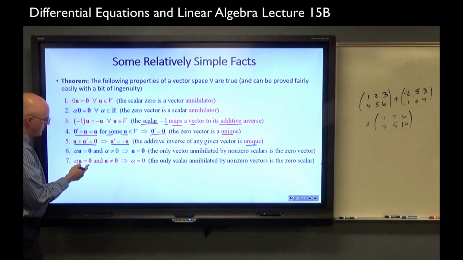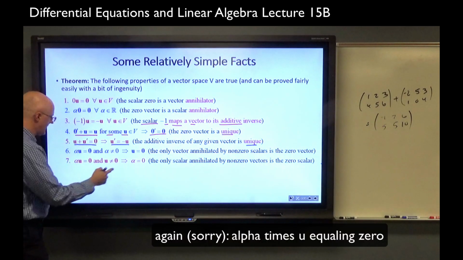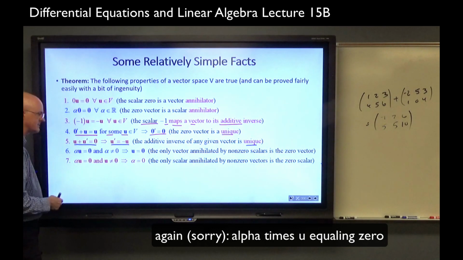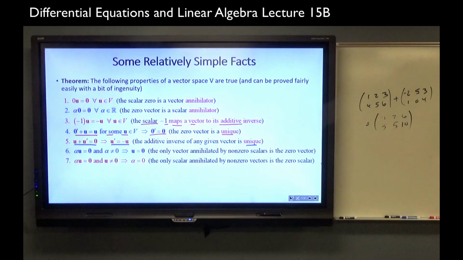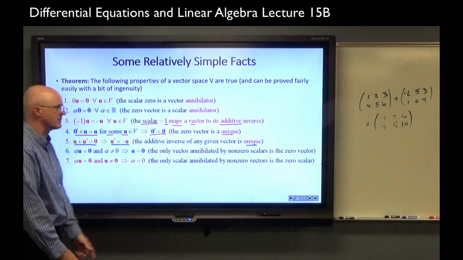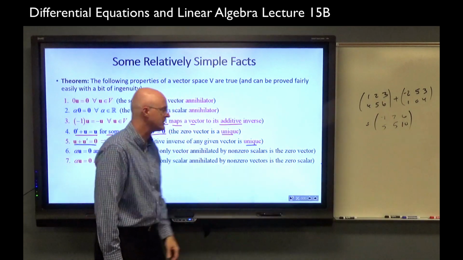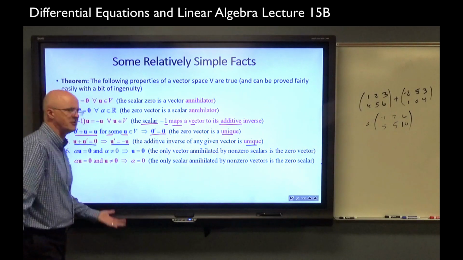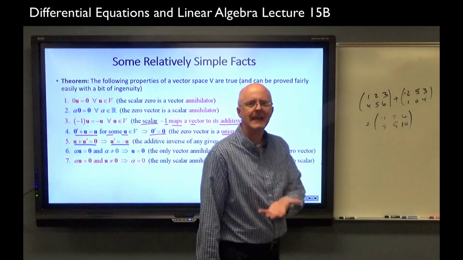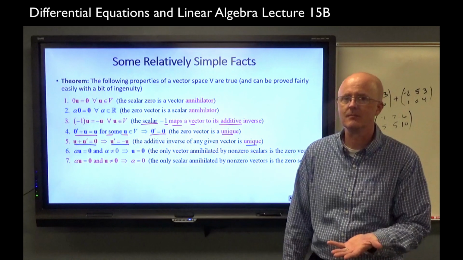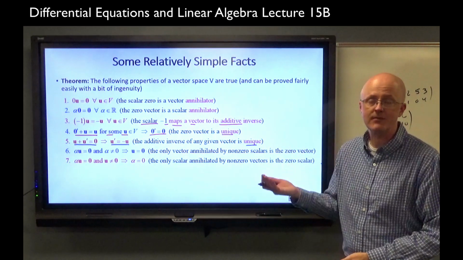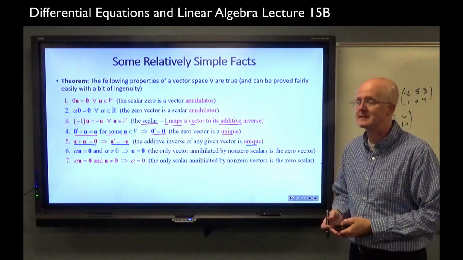And 7: if alpha times u is 0 and u is not equal to 0, then alpha itself must be the number 0. The only scalar annihilated by non-zero vectors is the 0 scalar, in other words, the number 0. Yeah, so you look at these and think, well, this should be true, but we don't want to take them as axioms if we can prove them. That's why we call this a theorem, because we can prove them from the definition of a vector space, when you take those properties essentially as axioms.